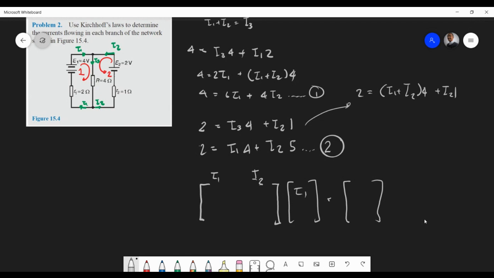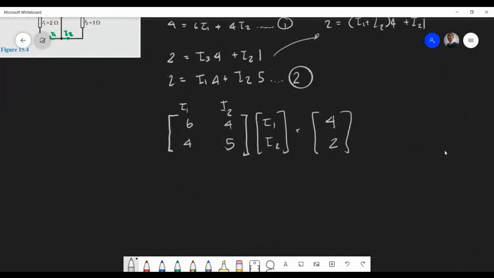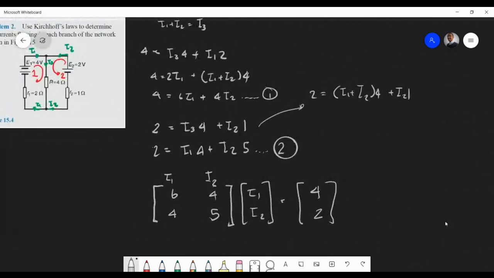And we're looking for I1 and we're looking for I2. So I1 in the first equation is 6. I2 is 4. That's the first line. And that is equal to 4, right? 4 positive. The next thing we do now, we look at this line. So I1 is 4. This guy is 5, and our EMF is 2.